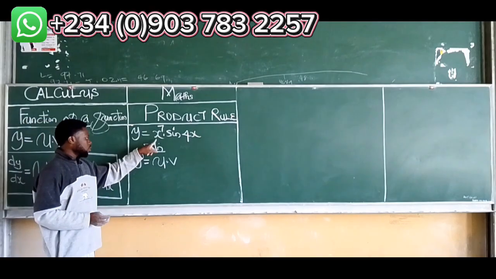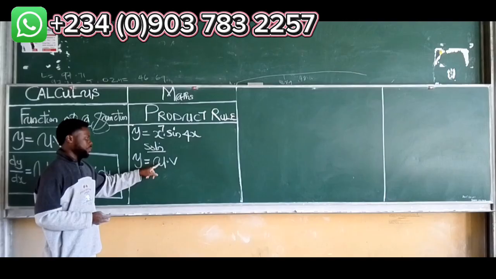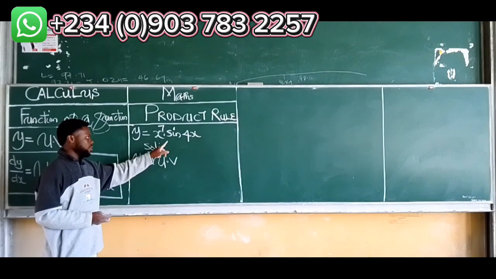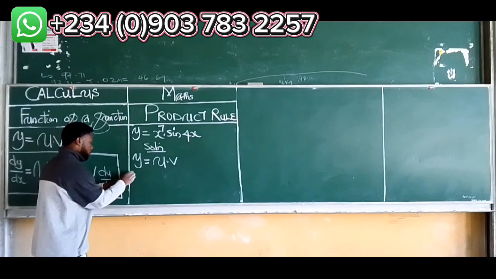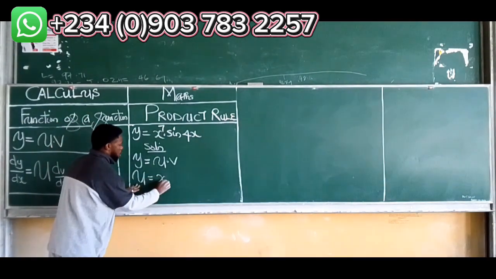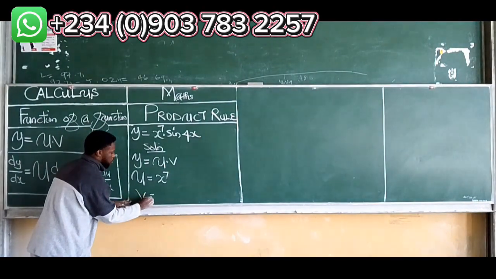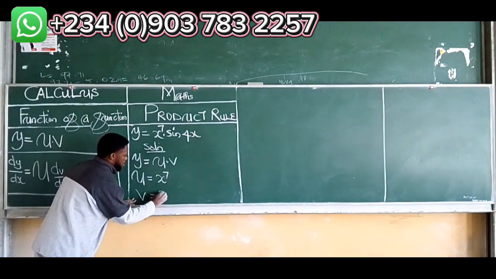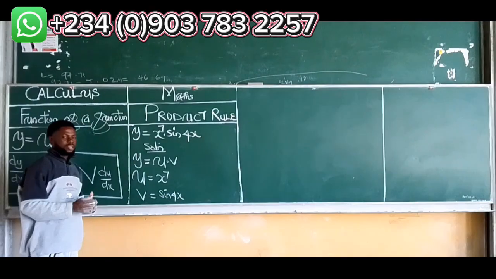That means in this case, x raised to the power of 7 would represent u, and sine 4x is going to represent v. So u is equal to x raised to the power of 7 and v is equal to sine 4x. That is the first approach.